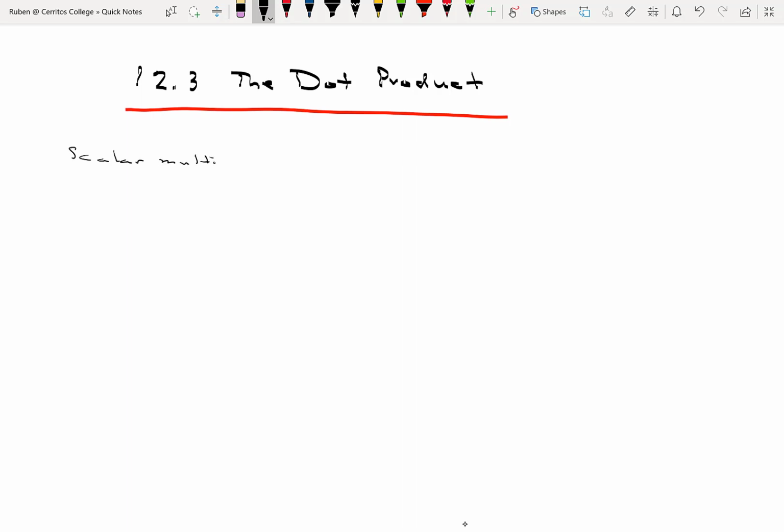Remember, a scalar is just a fancy name for a real number.